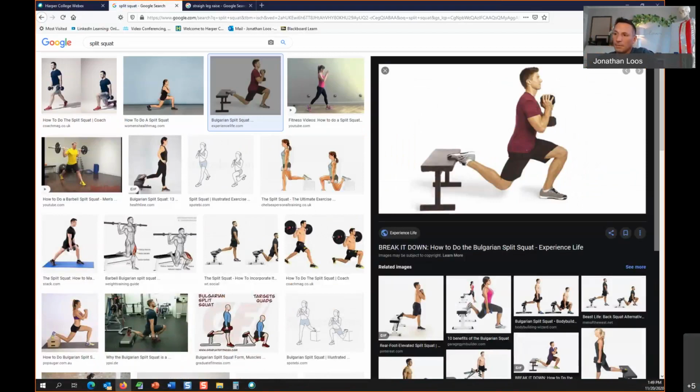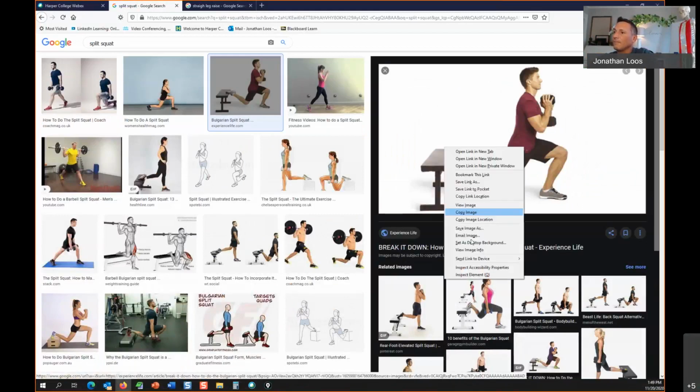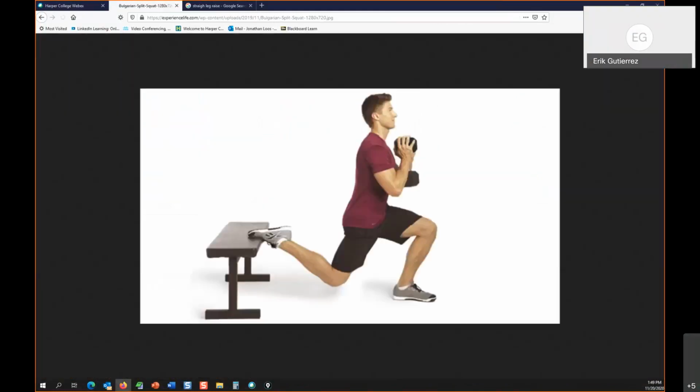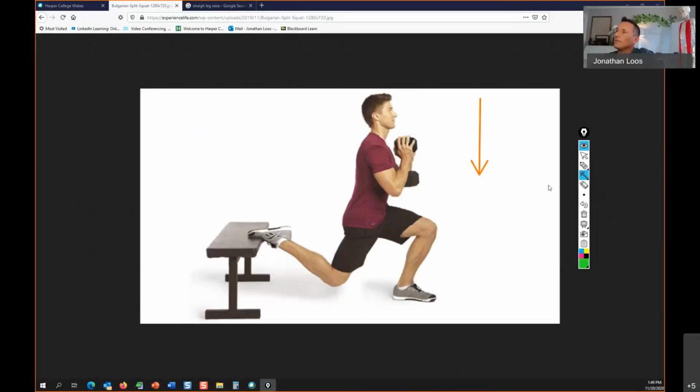Let me mark it up a little bit. Gravity's down, and let's say this is the descent here. So we're in the eccentric phase.